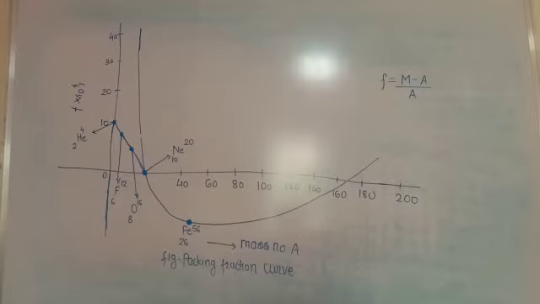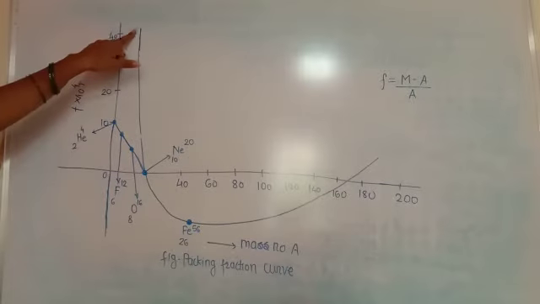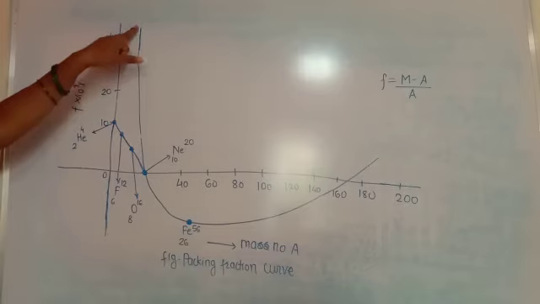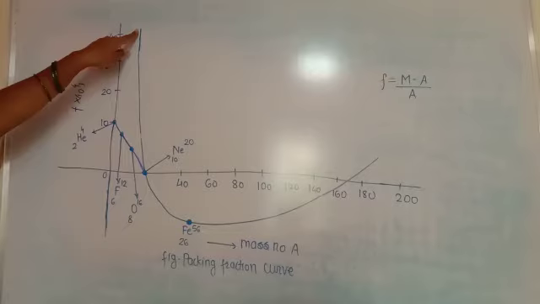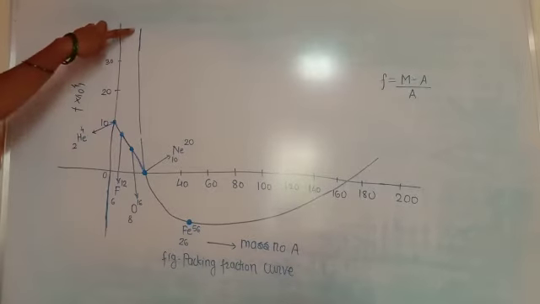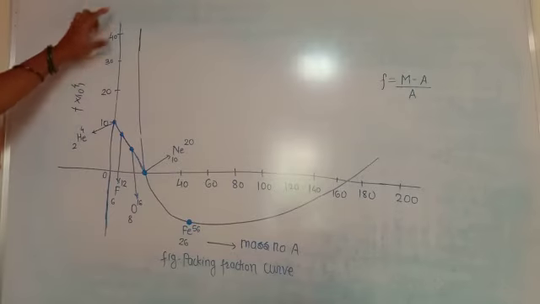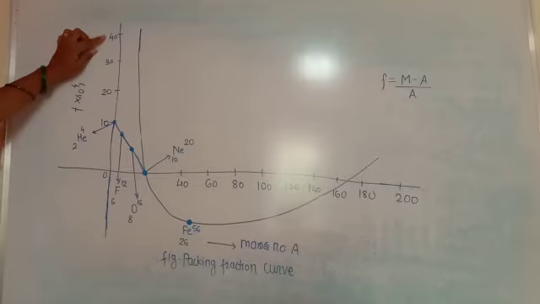The maximum value of packing fraction is about 40. So for the very light nuclei, the maximum value means the nuclei are mostly unstable.